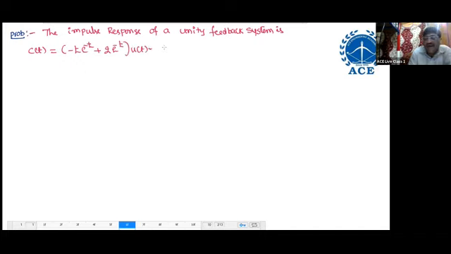Find the type and order of the given system.